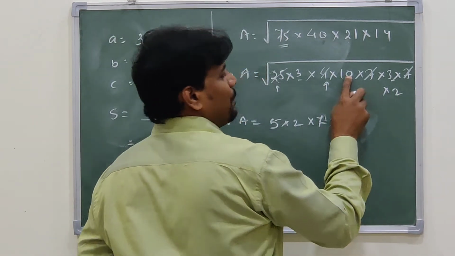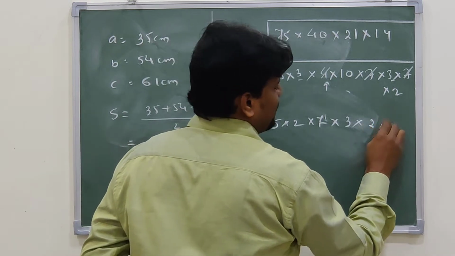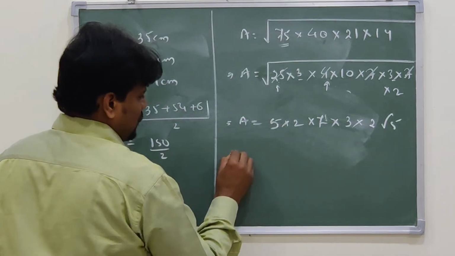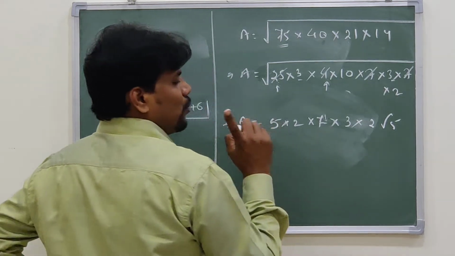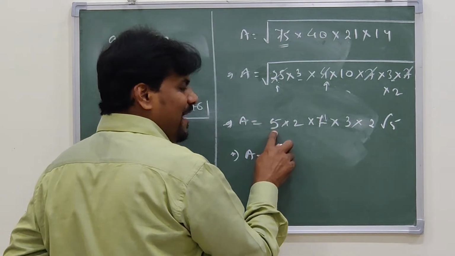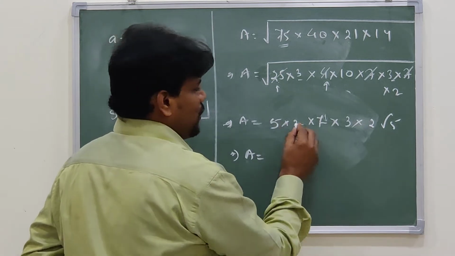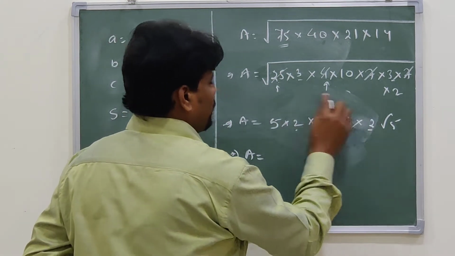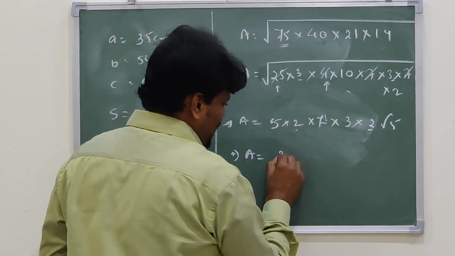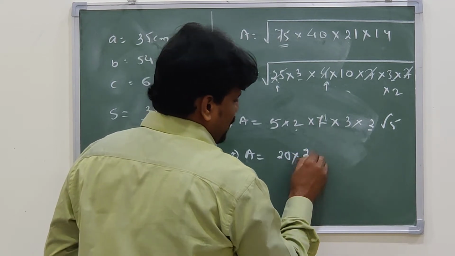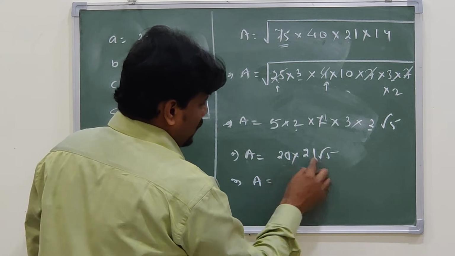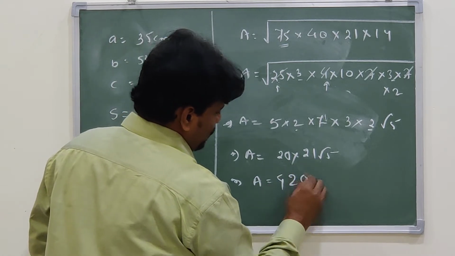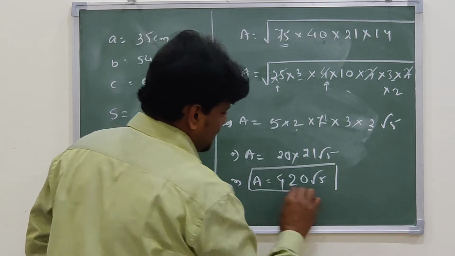So 2 finds a pair and only 5 remains inside. So what do you get then? Area is equal to, I told you, you must calculate 5 and numbers that are even first. So 2 2s are 4, 4 5s are 20. 20 into 7 3s are 21. Root 5, it comes out to be 2 1s are 2, 2 2s are 4, 420 root 5 centimeters square.